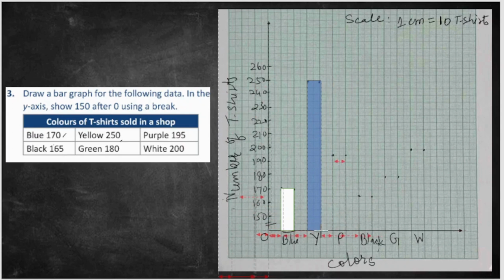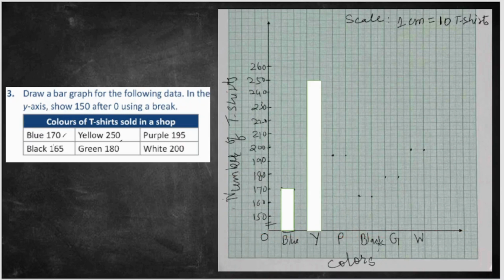Yeah, we are correct, absolutely correct. 250 for yellow. Next it's 195 for purple. Yeah, absolutely correct. It's 195 for purple. Now next it is 165 for black. Yes, 165 for black.